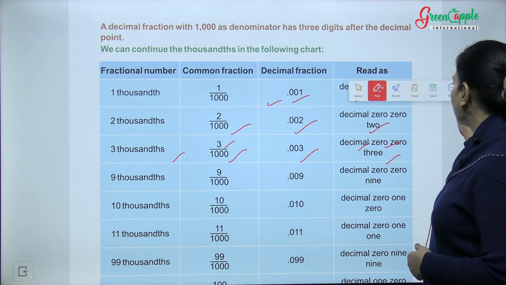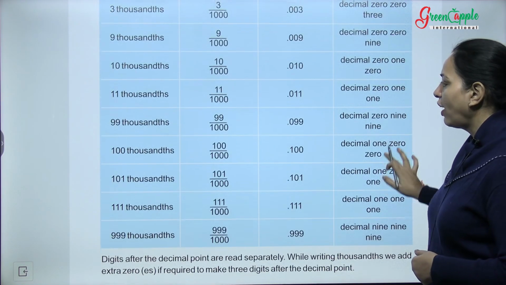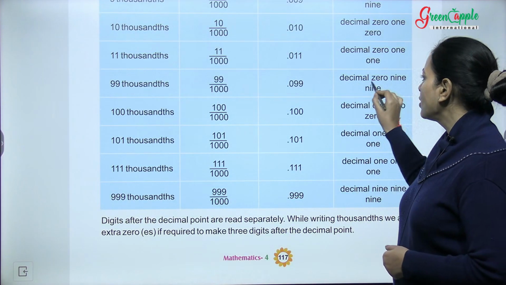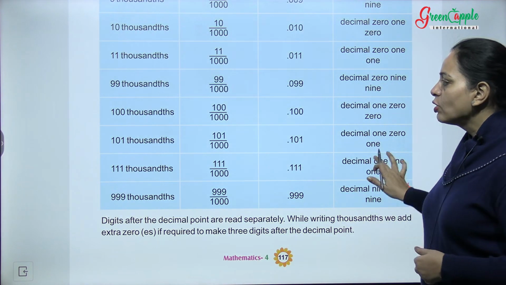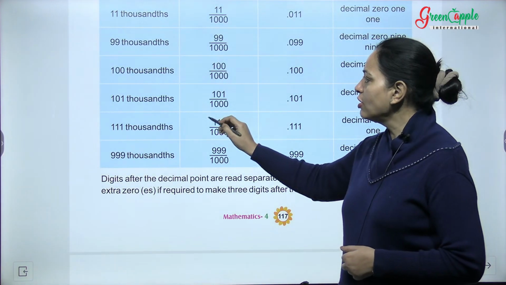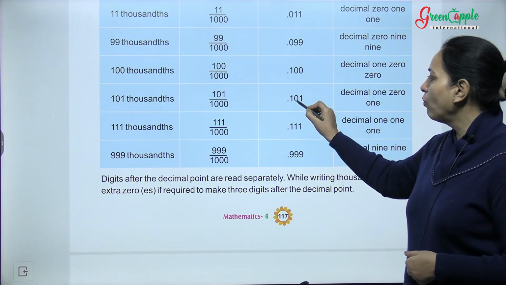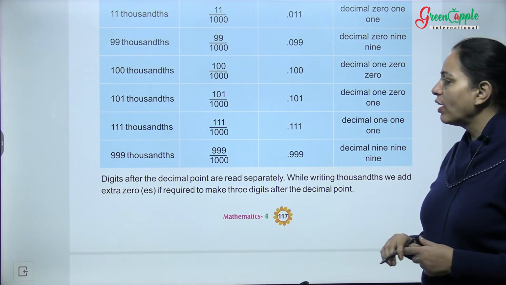So like this. See 99 thousandths, so 99 upon 1000, so 0.099, decimal 099. Suppose 101 thousandths, so 101 upon 1000, this is 0.101, decimal 101.